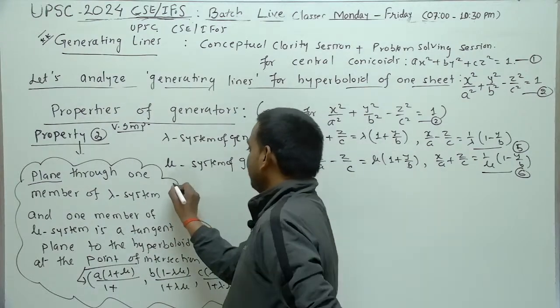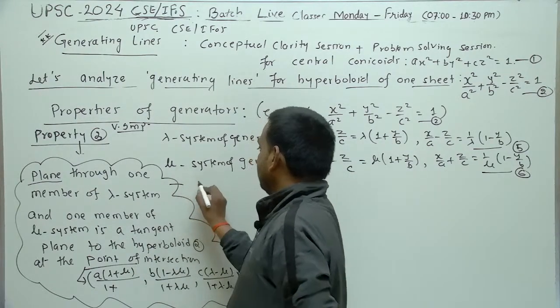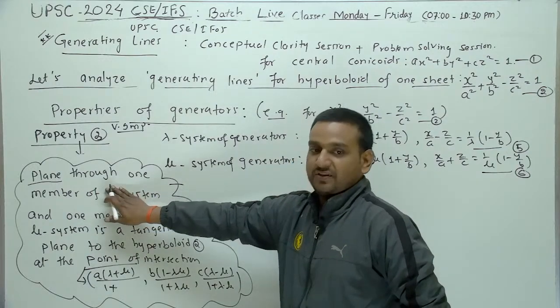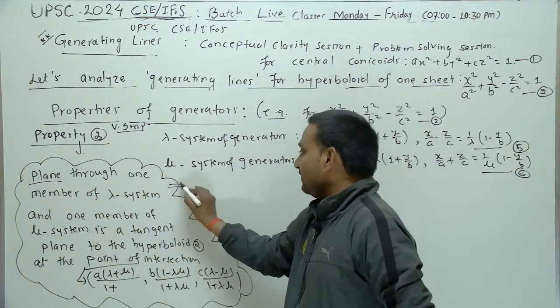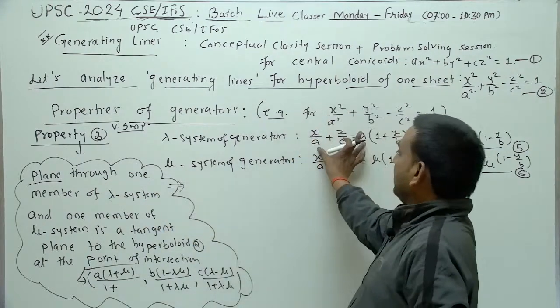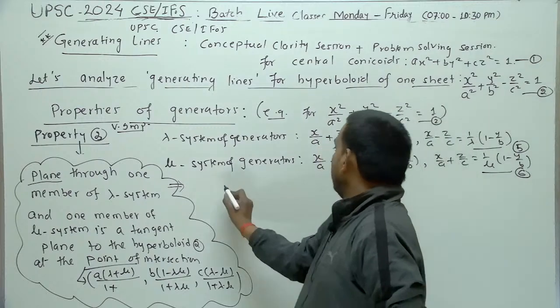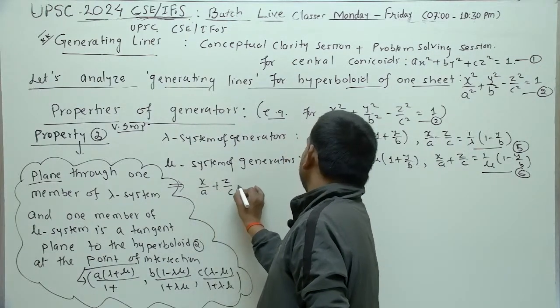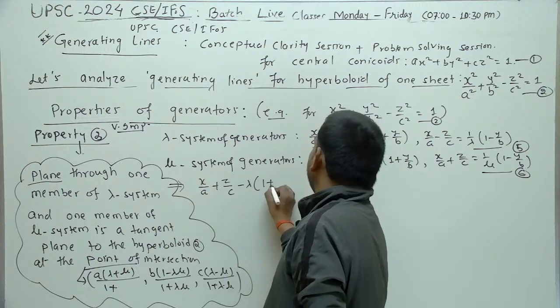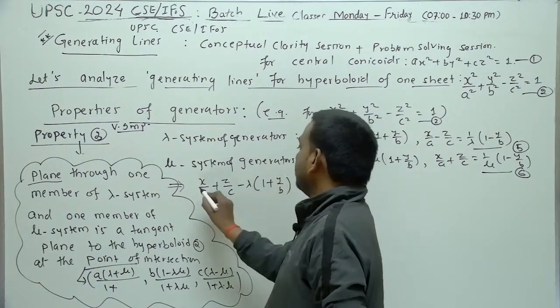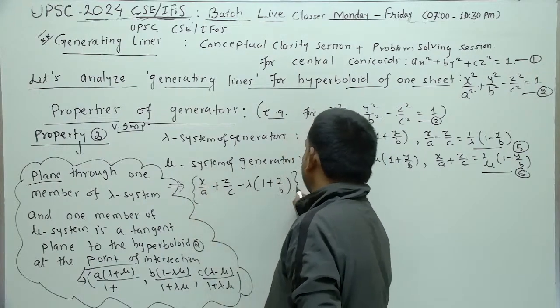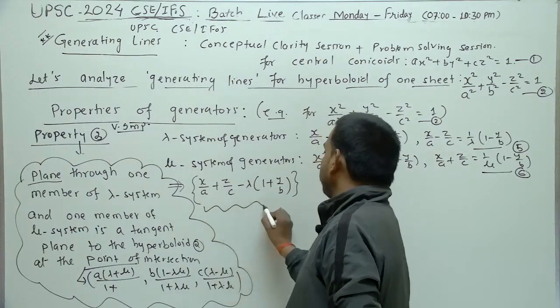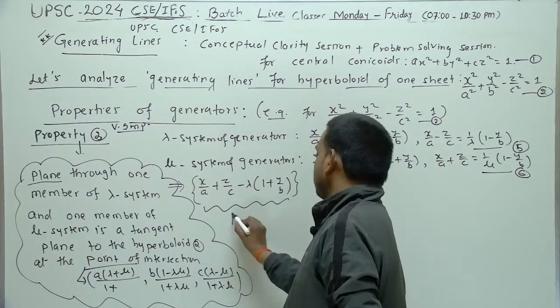Recall that? Recall the basics. So इसका मतलब क्या है? This implies if you take one member of this system, let's say you have taken x upon a plus z upon c minus lambda into 1 plus y upon b. ठीक है? This is my capital P1, let's say.